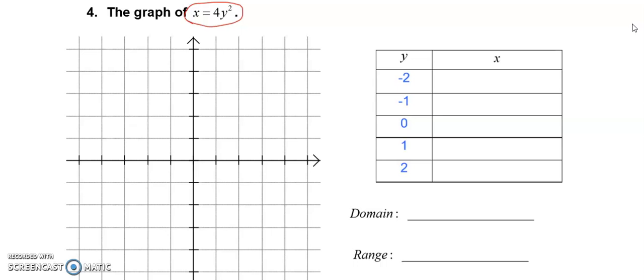But if you were thinking that x is your dependent variable, that would mean that the x would be the vertical axis and y would be your horizontal axis. Why is that? Because when you draw a graph, the vertical axis is supposed to represent the dependent variable. That's not what they're trying to get you to see here.